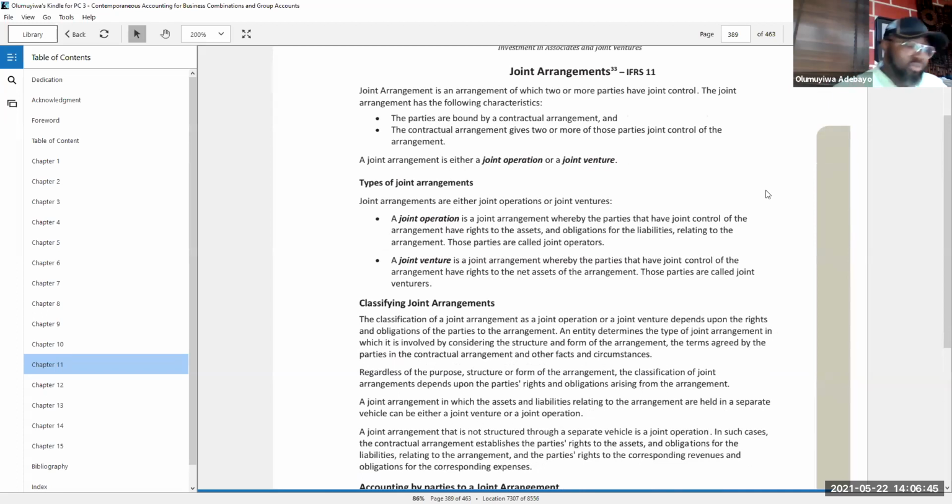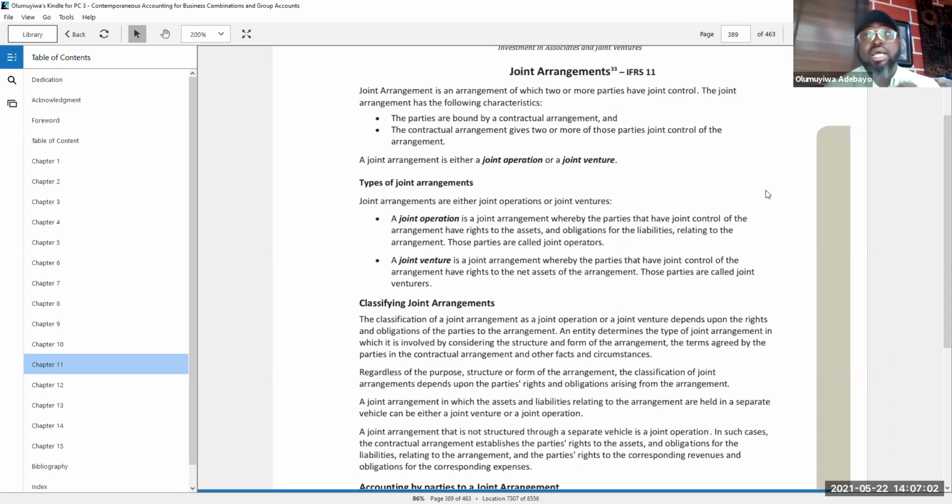Okay, now what we have come across here is that joint arrangements come in two forms. One is known as jointly controlled entity, and the other one is known as jointly controlled operation.